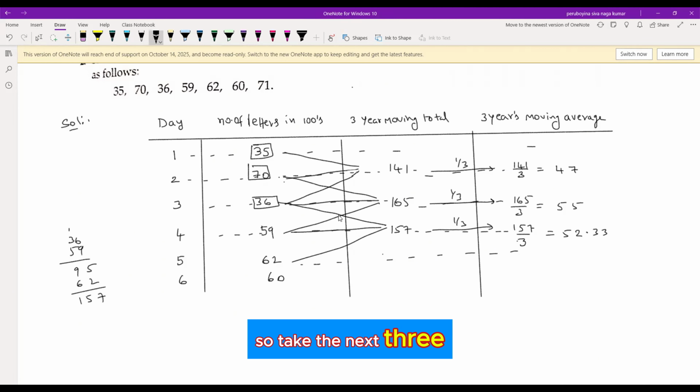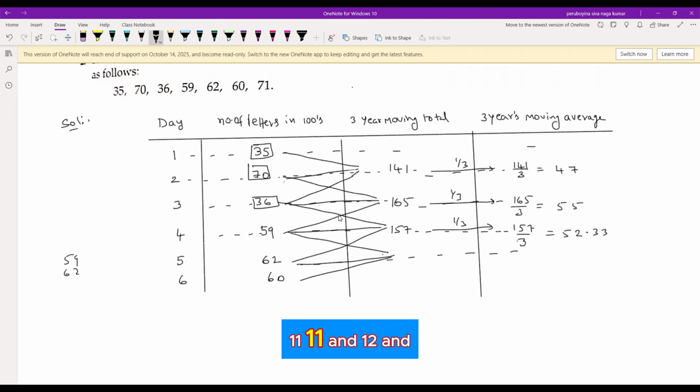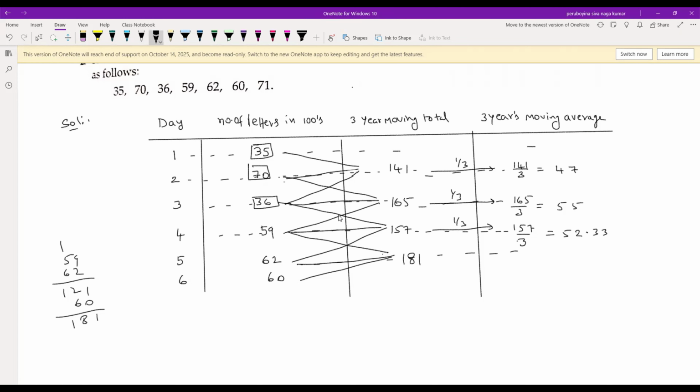So take the next 3 values and sum them: 59 plus 62 is 121, and plus 60 is 181. And we will divide by 3.